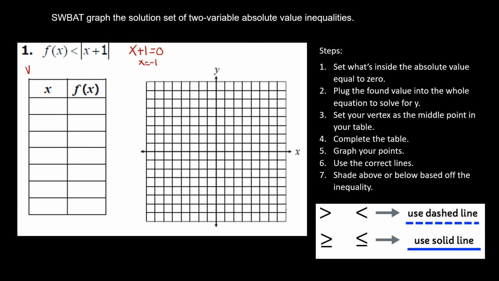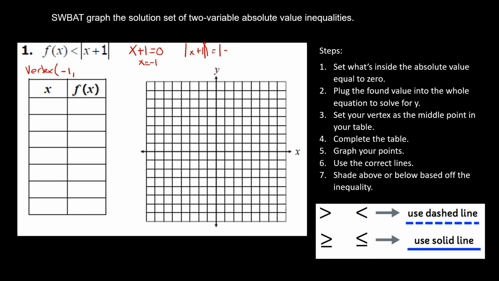So my vertex, my x value would be -1. To get my y value, remember guys, we take the entire absolute value equation and we set that equal to y. So that's going to end up being the absolute value of x plus 1. We're going to put in -1.